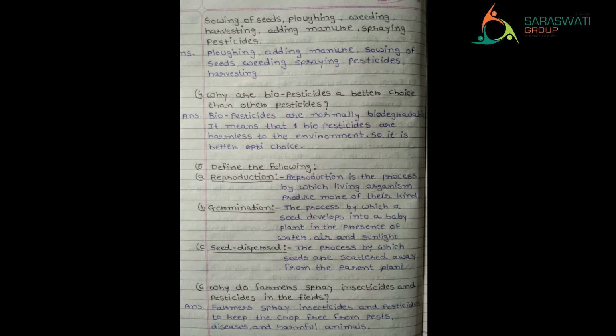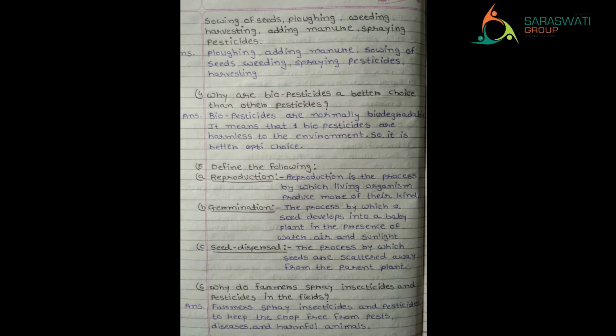So the second one is germination, the process by which a seed develops into a baby plant in the presence of water, air and sunlight, right? So that we have also seen, right? Germination means developing a seed into a baby plant, but 3 factors are required: water, air and sunlight, right?